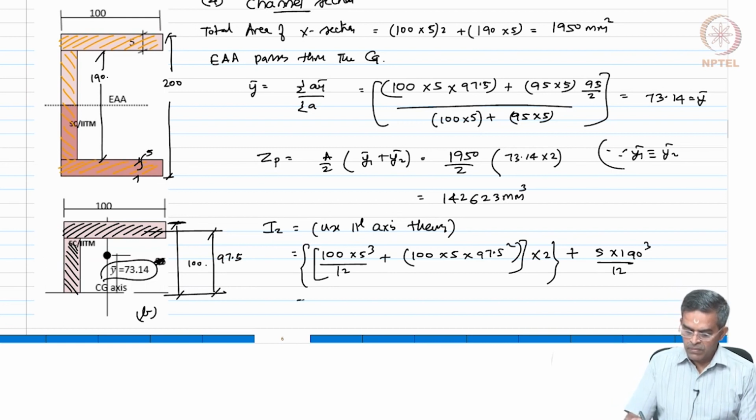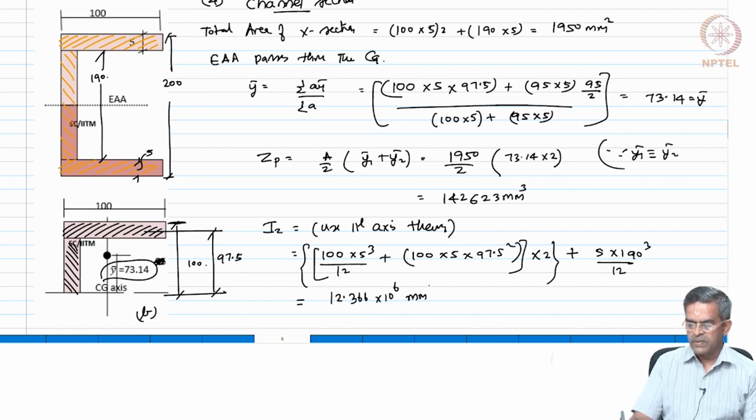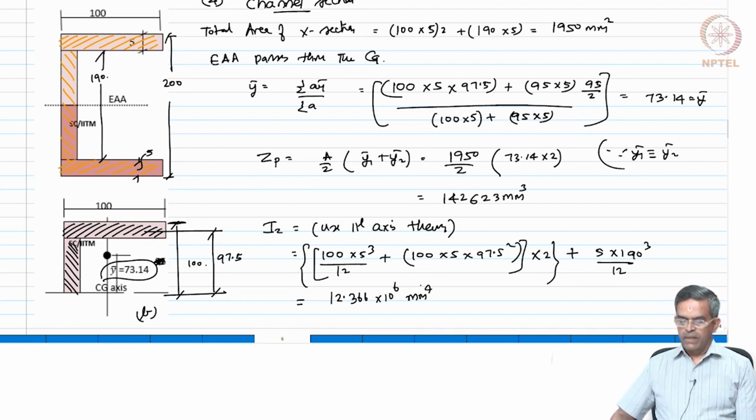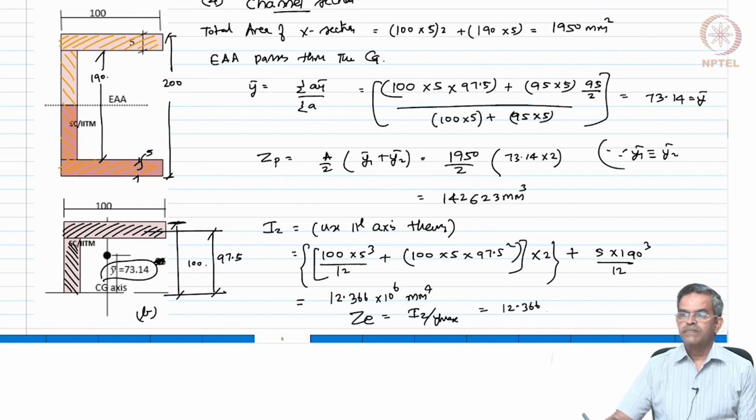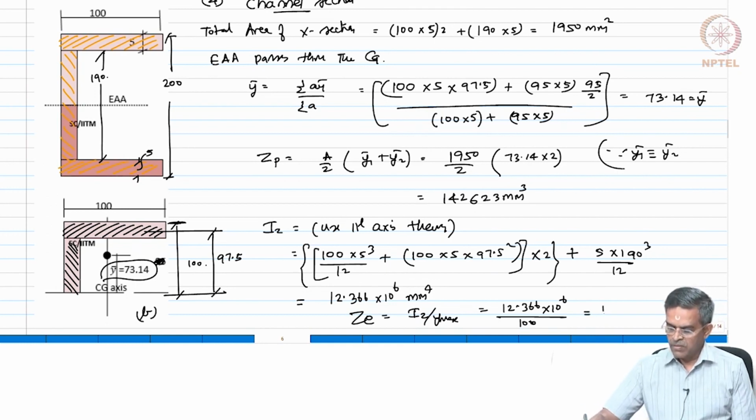Okay. So, if I make the total of IZ, this becomes 12.366 into 10 power 6. I can find Z elastic, which is IZ by Y max, which will be 12.366 into 10 power 6 divided by 100, that is the Y max, the extreme fiber from the neutral axis, which will be 12.366 into 10 power 4 mm cube.